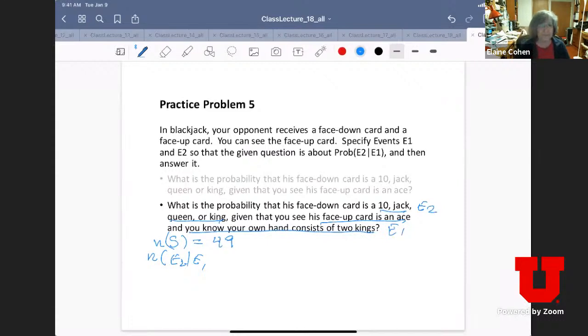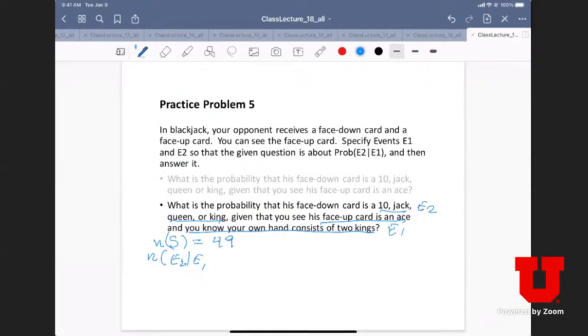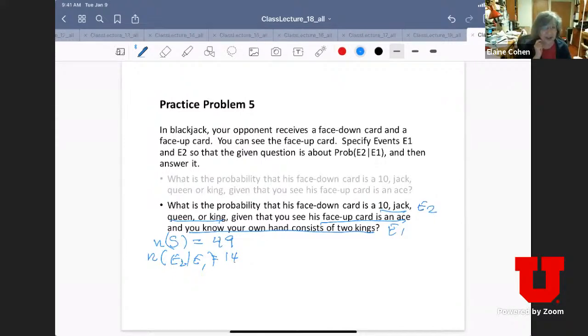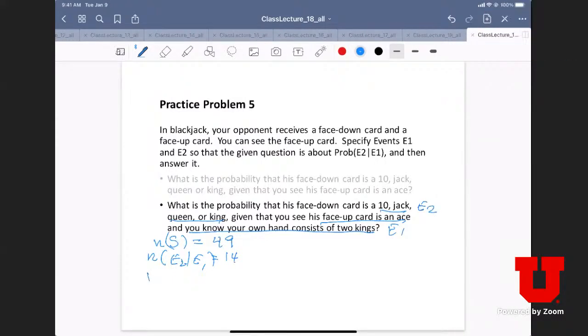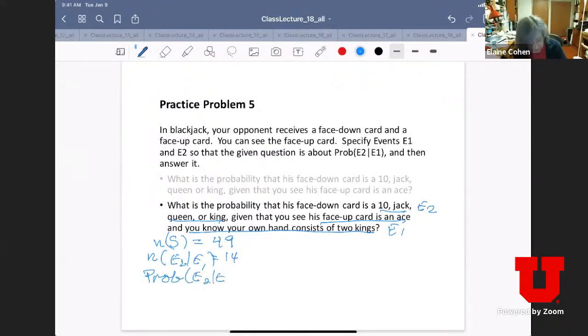So how many possible ways could he end up with a 10, jack, queen, or king? 14, because I have 2 kings, so there are only 14 left. That's right. Very good. So the probability of E2 given E1 is equal to 14 over 49. Okay?